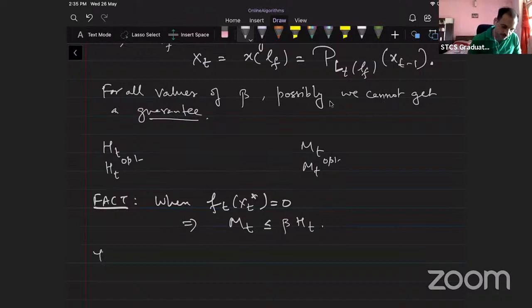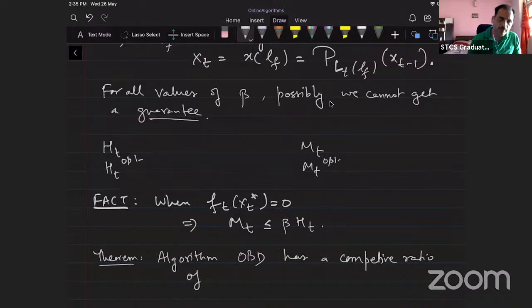Okay, so here is the theorem. Algorithm OBD has a competitive ratio of 3 plus order 1 by m with beta equal to 2 plus 10 by m.